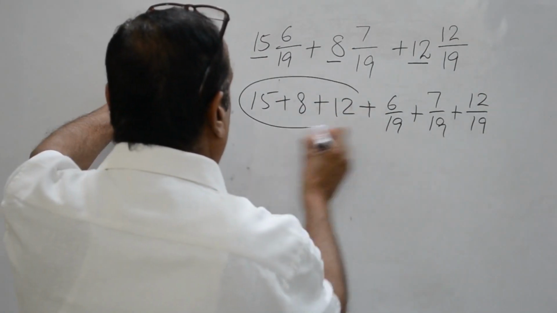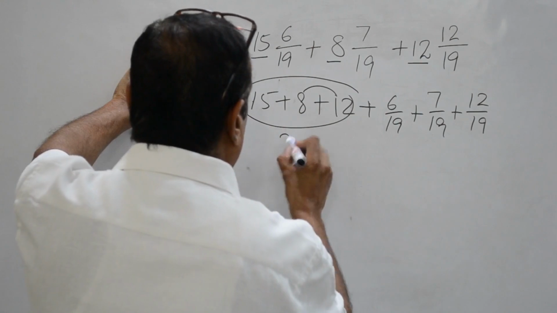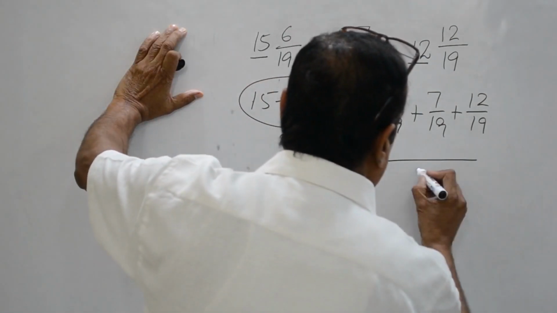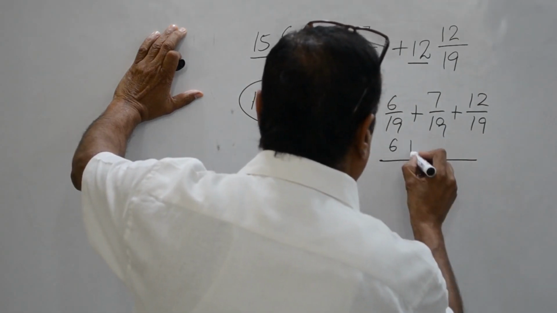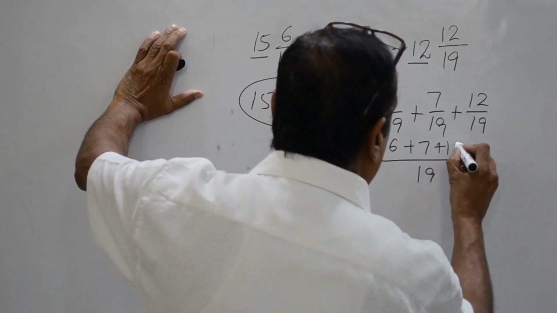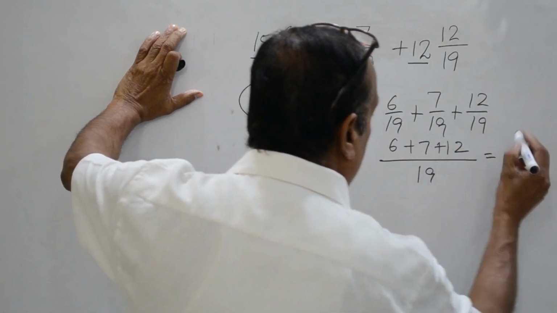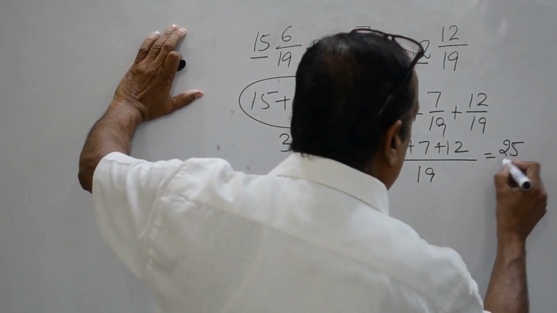So this is 20 and 15, 35 plus 19, 6 plus 7 plus 12. So 6 and 7, 13 and 12, 25 upon 19.